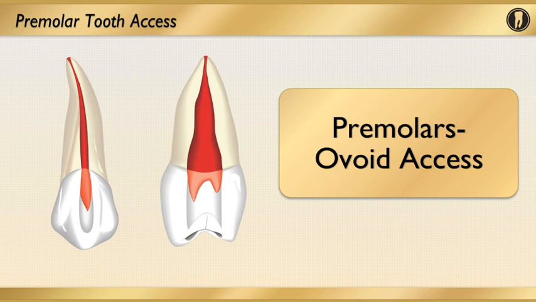Notice again, from the mesial aspect, the access needs to be ovoid and broader from a buccal to a lingual access so that we gain straight line access and so that we have complete visualization for treatment of the space and treatment of the tissue within the canal system. Again, premolars as well can have complicated anatomy.